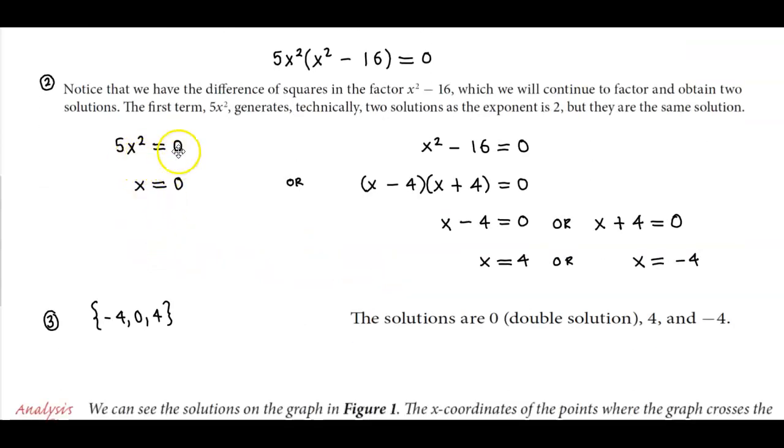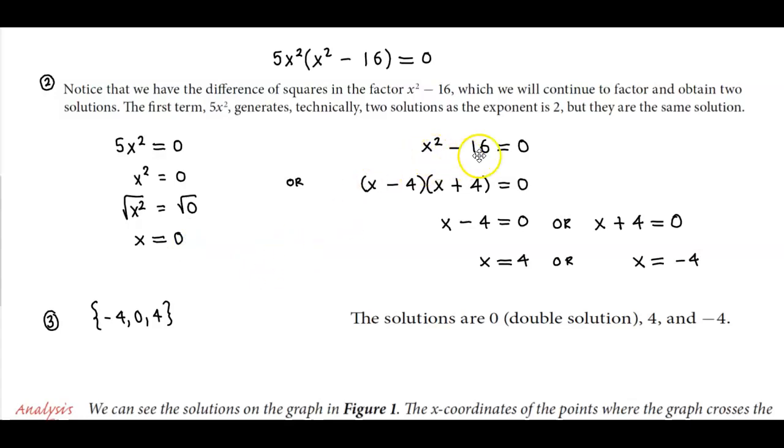Divide both sides by 5, and then take the square root of both sides. So let's go ahead and do that. We have x squared equals 0 if you divide both sides by 5. And then when we take the square root of both sides, we take the square root of x squared and the square root of 0, we get x is equal to 0.